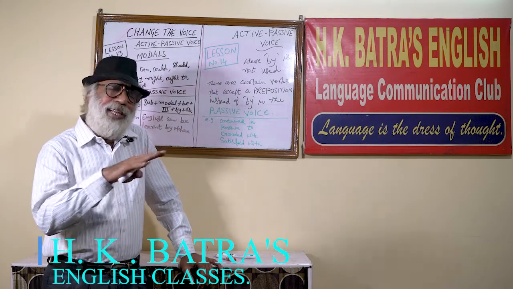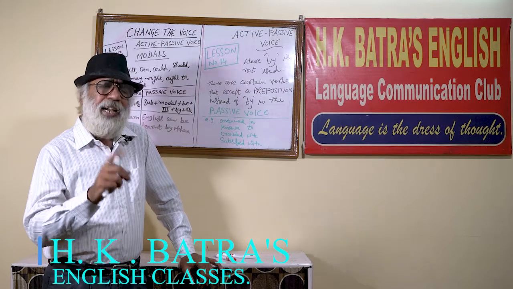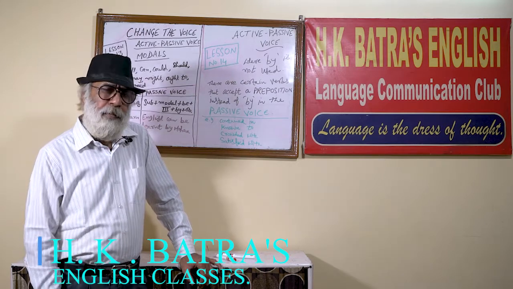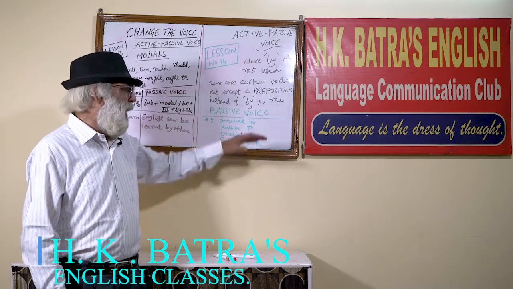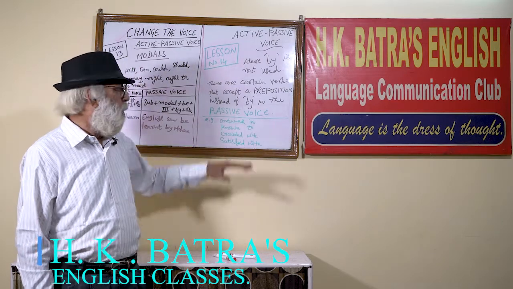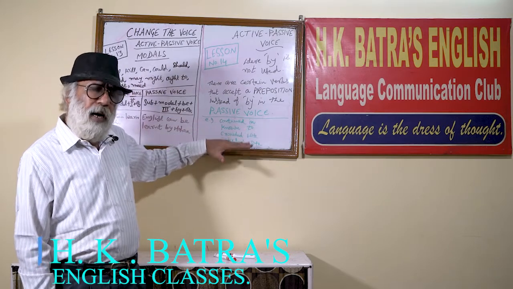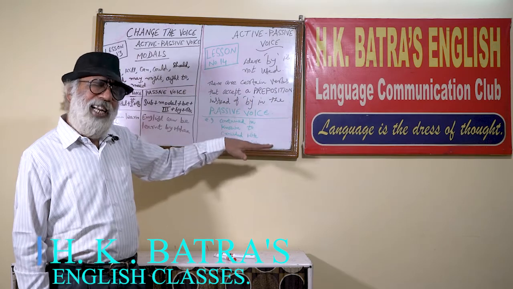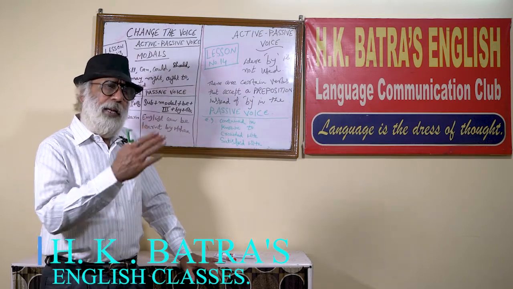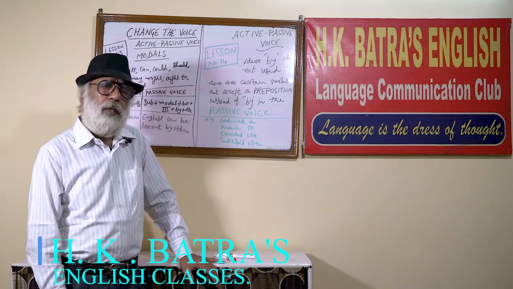So this is the correct sentence. Don't write he is known by me. That is incorrect. So in this way, you can use the prepositions with certain third forms of the verb, and the list of such prepositional verbs is given in my handouts.